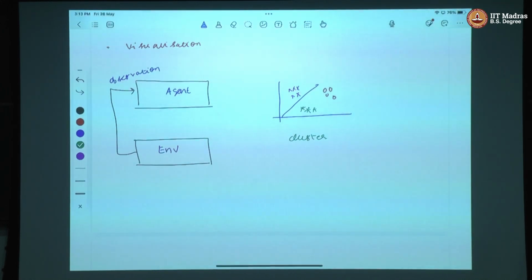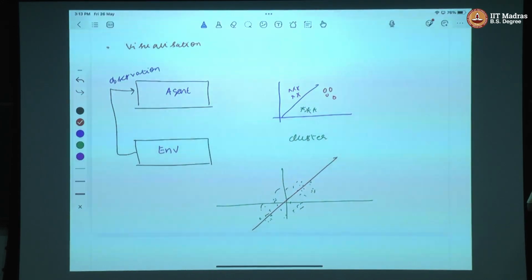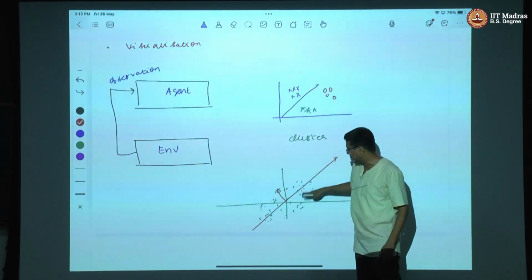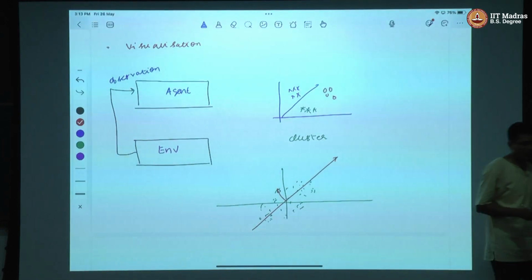You could also do something like, say somebody gave you data which is like this. You would want to do some kind of dimensionality reduction. You know that most of the data is in this direction, and less data is in this direction. Most of the data spread is this side, and only less data is spread on the other side.